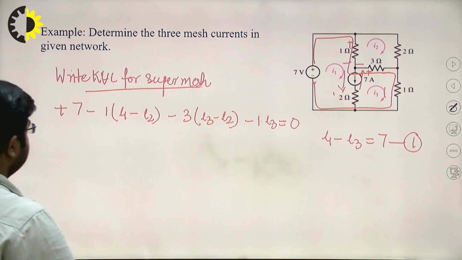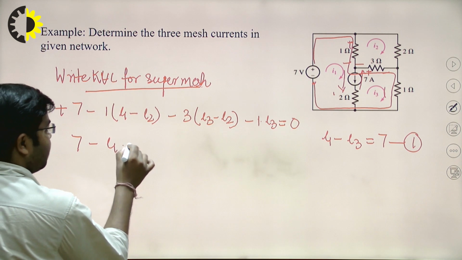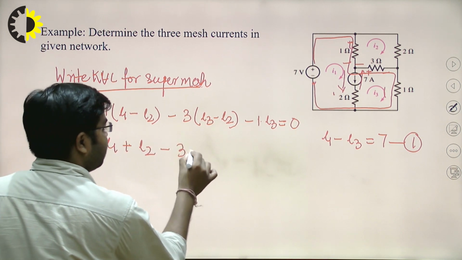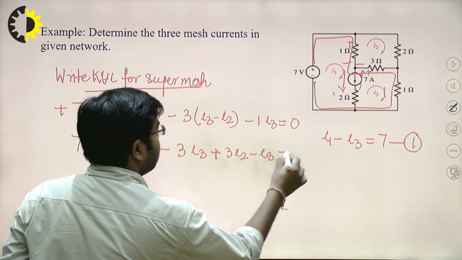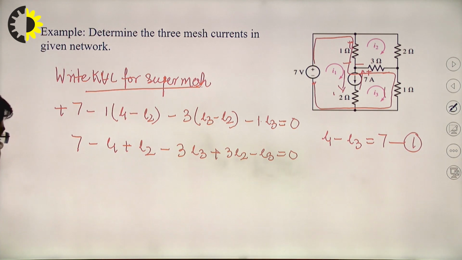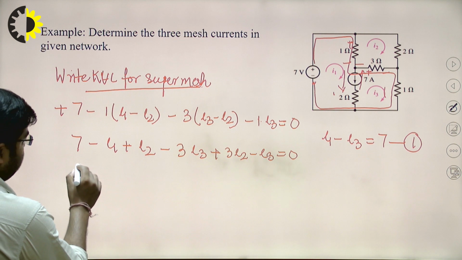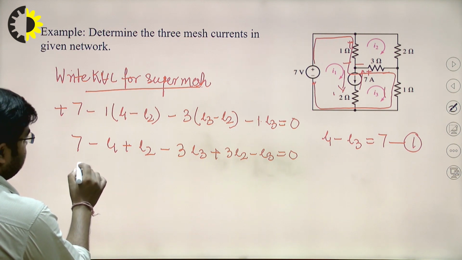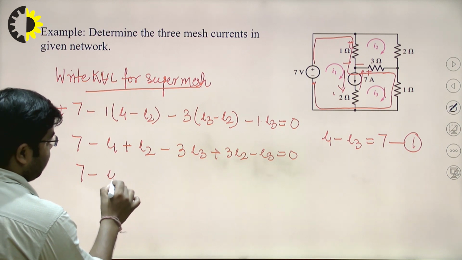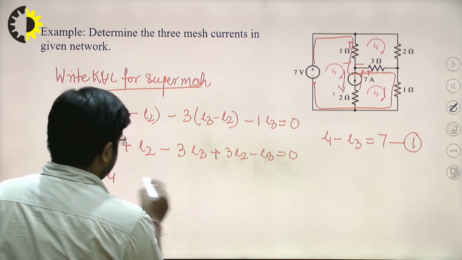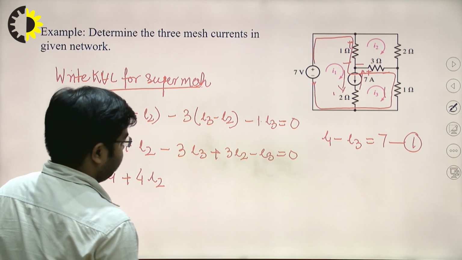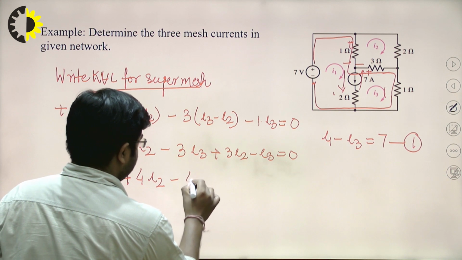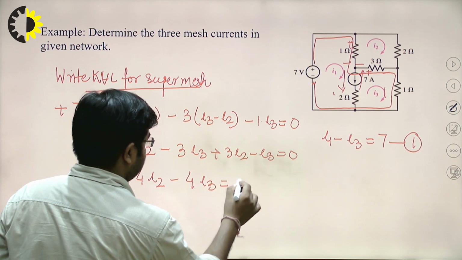Now rearrange this equation. 7 minus I1 plus I2 minus 3I3 plus 3I2 minus I3 is equal to 0. Now 7 minus I1 plus I2 plus 3I2, this will be 4I2, then minus 4I3 is equal to 0.